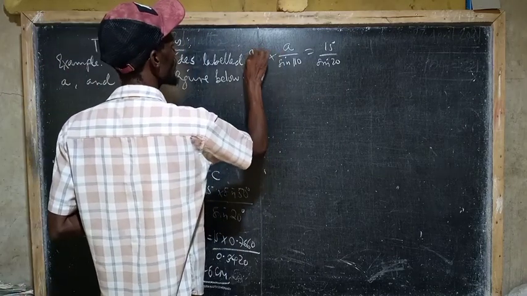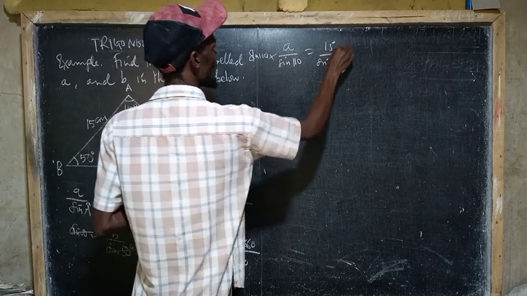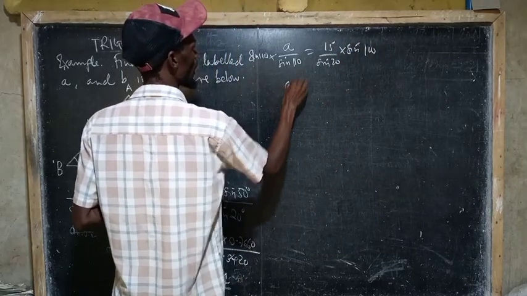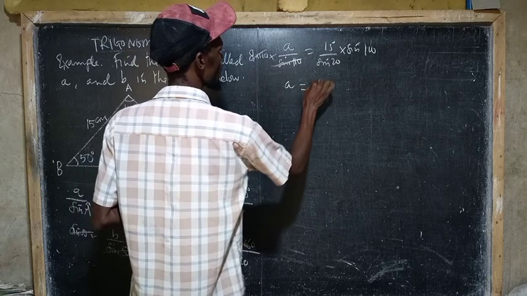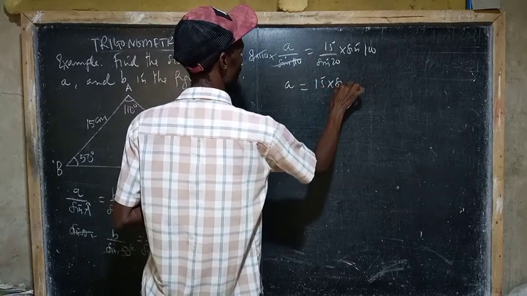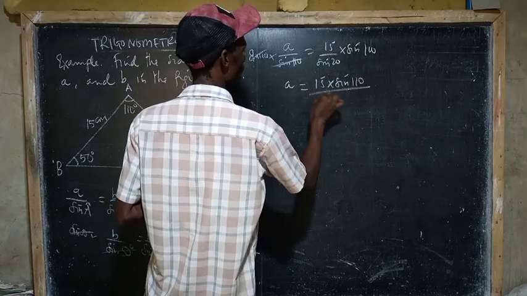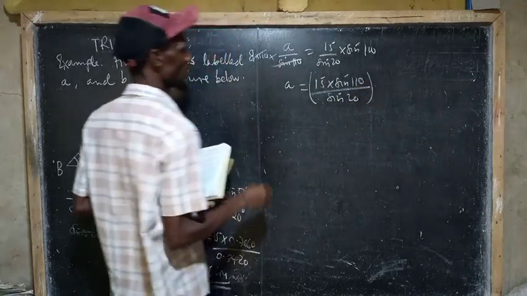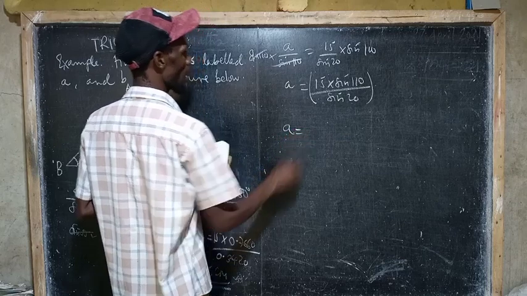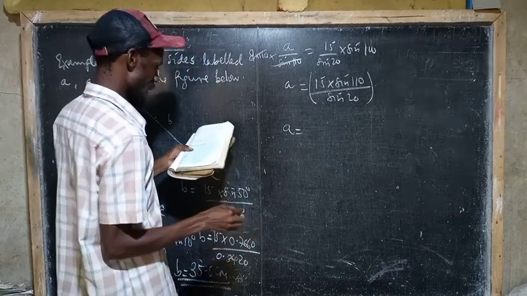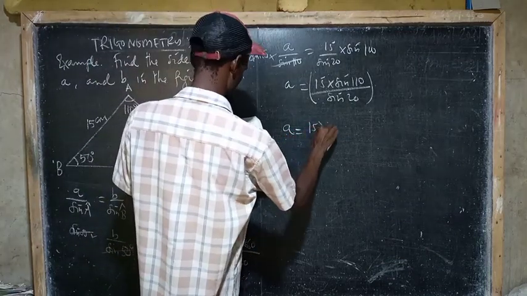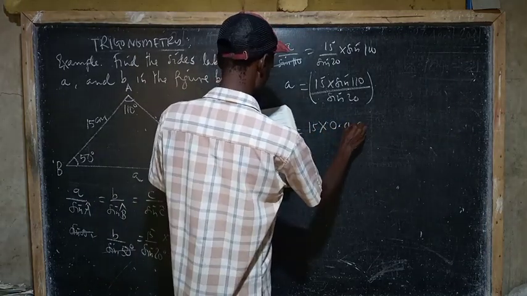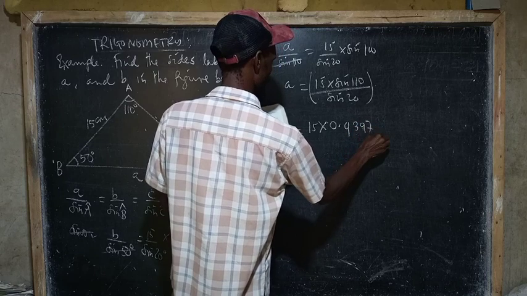ambao tutamultiply na sine of 110 na hapa na sin ya 110 ambapo tutakuwa na huyo hapa na huyo hapa. A sawa sawa na 15 mara sin ya 110 over sin ya 20, ambao na penyewe ukifanya calculation tutajikuta tumepata sin of 110 ambapo tutakuwa na 15 times sin of 110 ni 0.9397.